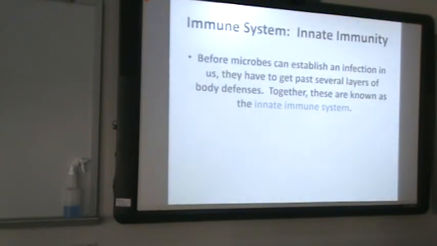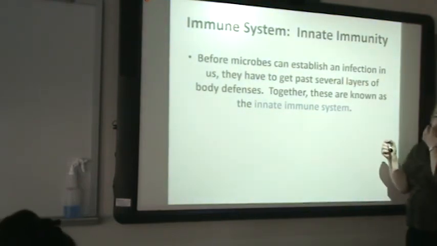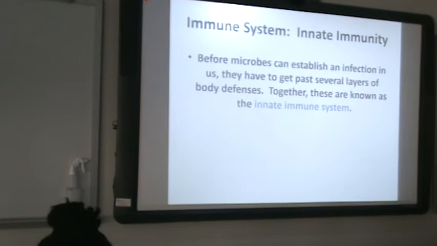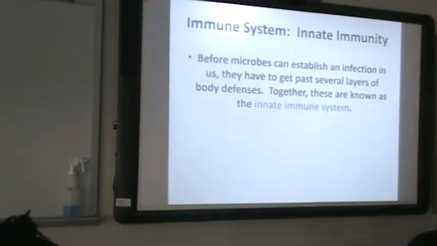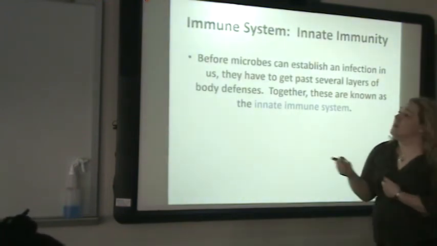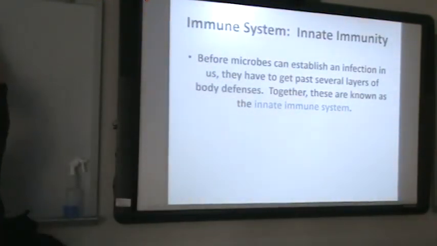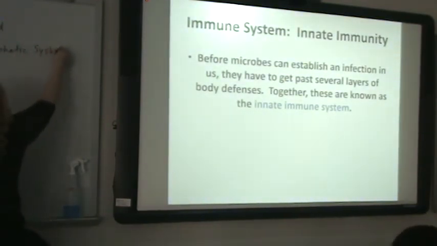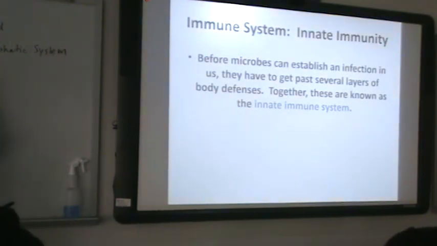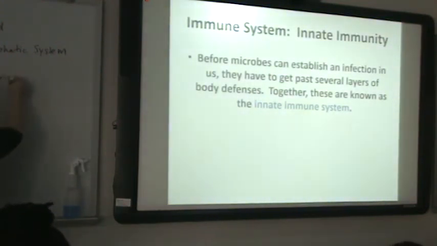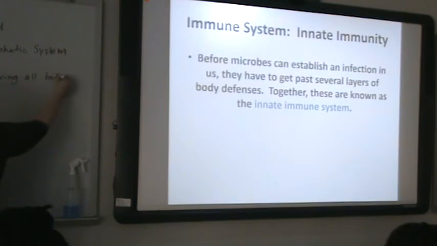And that's partly because we have an immune system to protect us. The immune system is a body system. You cannot point to where it is. It's all over your body. It's involving the blood. It's involving the lymphatic system. And indirectly, it's monitoring all body tissues.